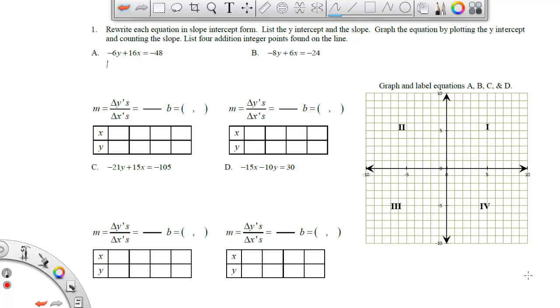Well, welcome again. This video will go over worksheet 4.6a, and what we're doing with these problems is graphing equations using the slope-intercept form of a line. Let me just review a couple of items with you real quick before we begin. The slope-intercept form of a line is y, meaning a y-coordinate, equals m, meaning the slope, times the x-coordinate, plus b.